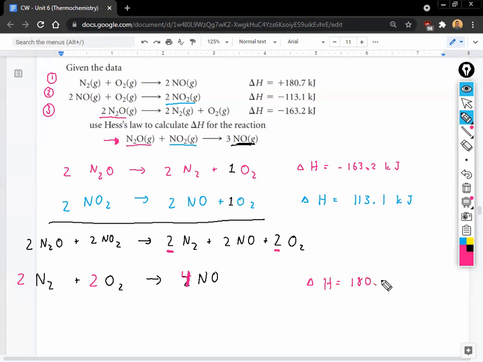So 180.7 kilojoules, and then we'll multiply that by 2. Okay. If I do that, then I have just enough N2s to cancel out the N2 here. I have just enough O2s to cancel out the O2 here, and then I will have 4 NOs.